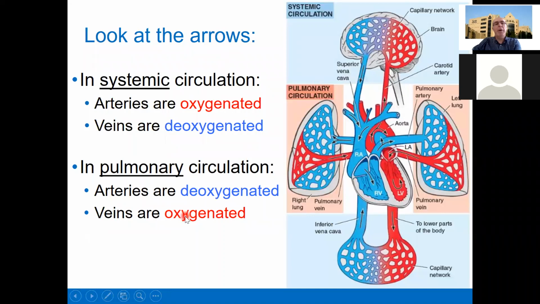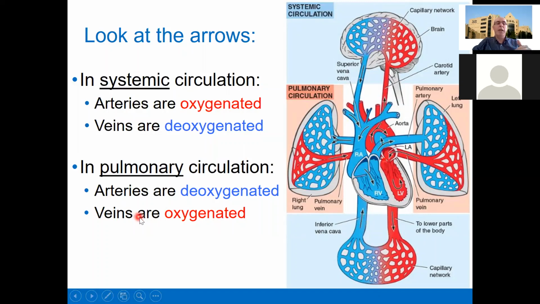Keep in mind, look at the arrows in these diagrams. In the systemic circulation, arteries are oxygenated, which is in red color, and veins are deoxygenated, which is in blue color.